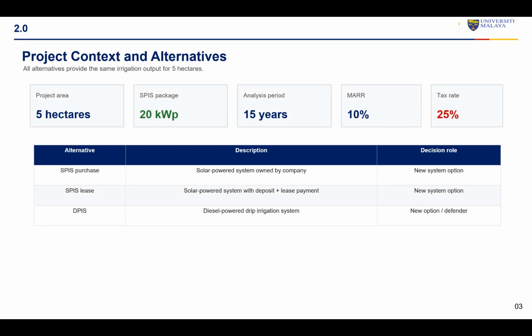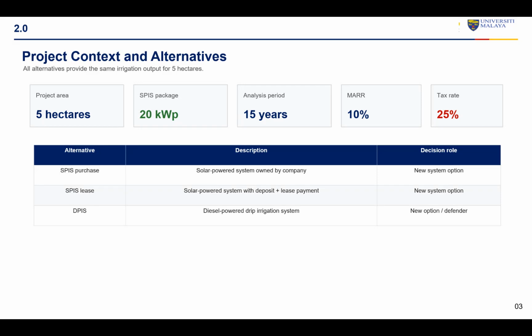Okay, this irrigation system is planned for paddy and maize fields covering 5 hectares in a remote area.